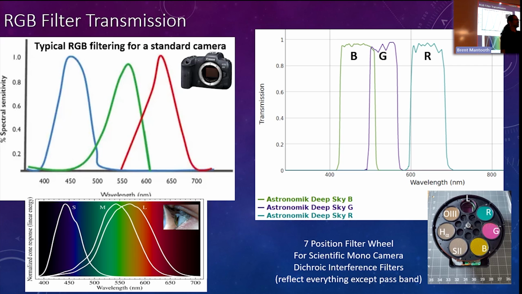But if you look down there, those are not red, green, and blue colored filters. It's actually cyan, magenta, and yellow, because these are dichroic interference filters. So they don't absorb light, they reflect light. So the red filter will pass the red light through and reflect everything else.